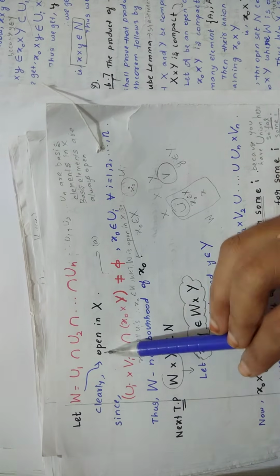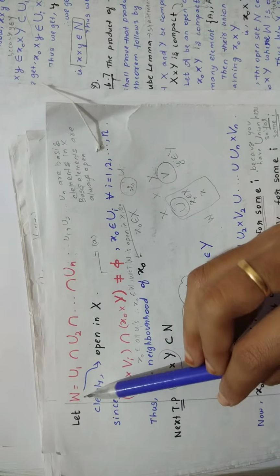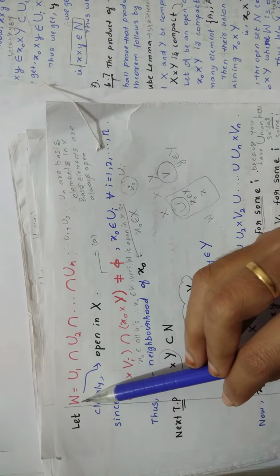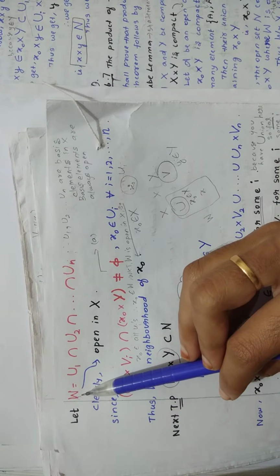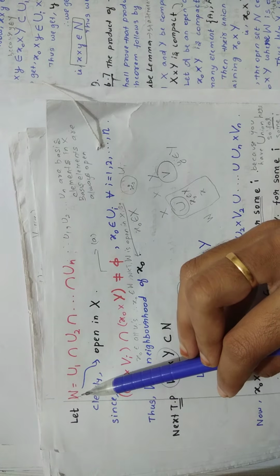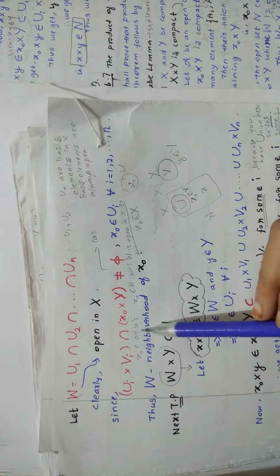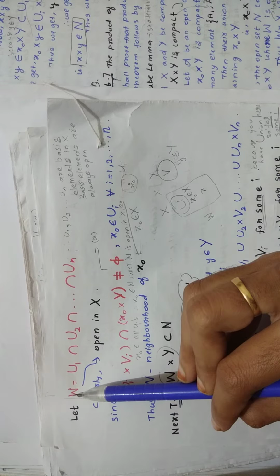You know that W is open in X. Okay, x naught belongs to W, you have told now. If x naught belongs to W, and also W is open in X, so every open set is a neighborhood of its points. You know that, right? So this is open, then you can say this W is a neighborhood of x naught, because x naught is present in this W, just now I told, right?